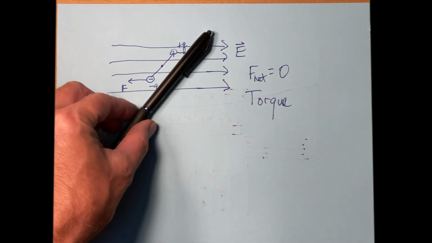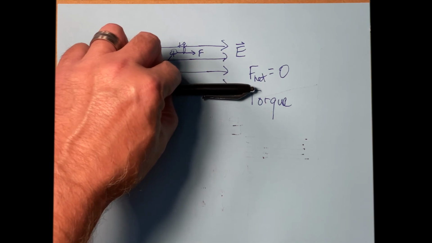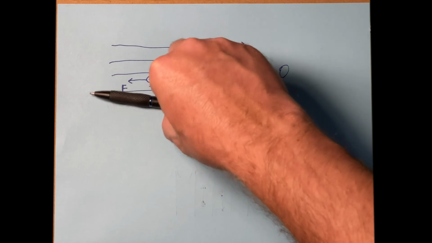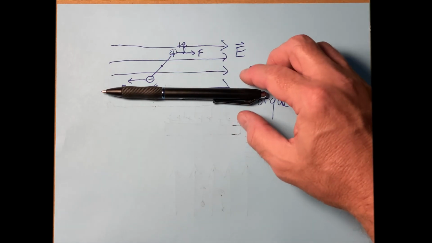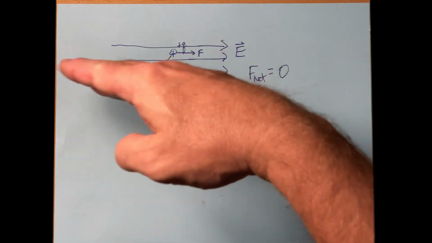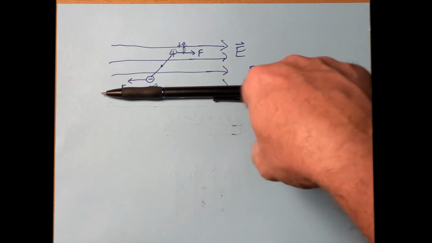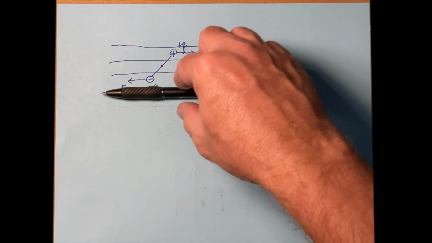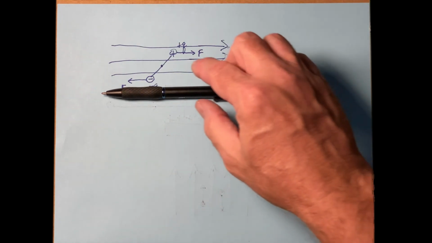If this represents the dipole, it's going to rotate this way, and perhaps it'll do a little bit of jiggling back and forth until it settles down and reaches equilibrium, where the dipolar axis is lined up with the electric field lines. And at that point, it's in a state of equilibrium, so there probably won't be any more torque that's going to act upon it unless something changes, unless the electric field changes or something else changes.